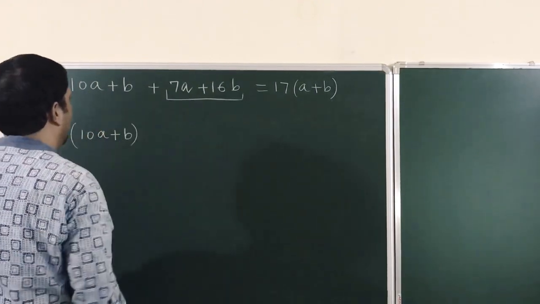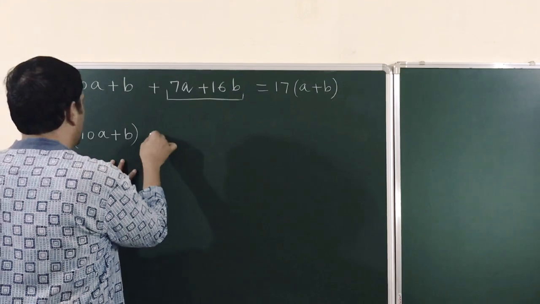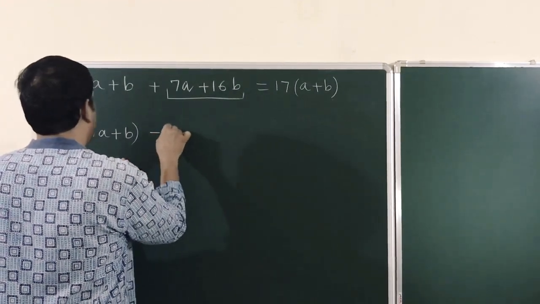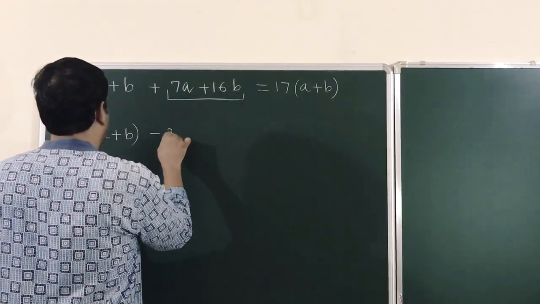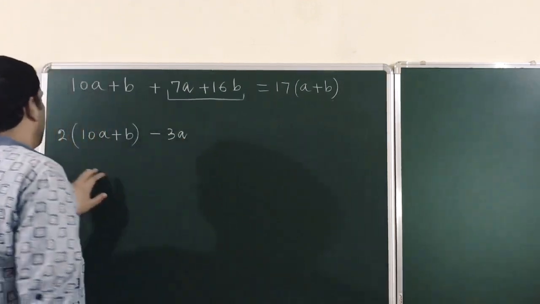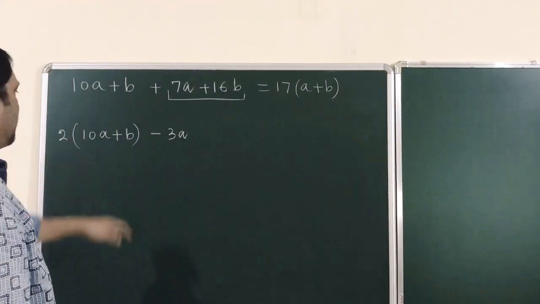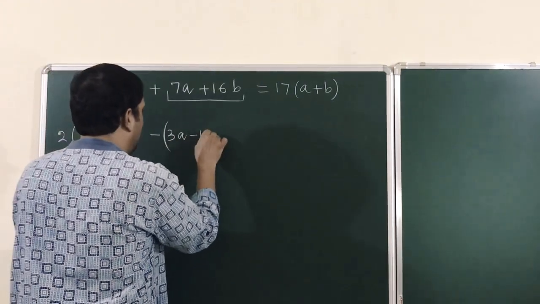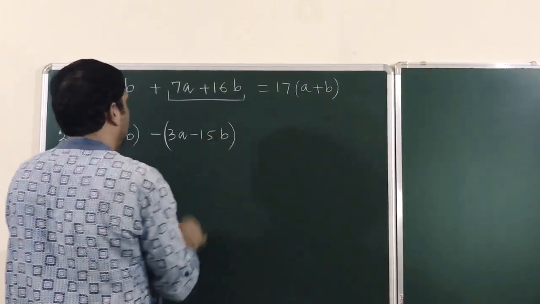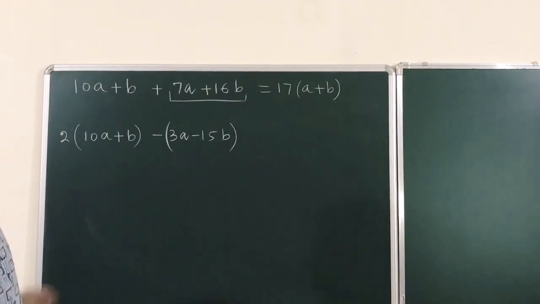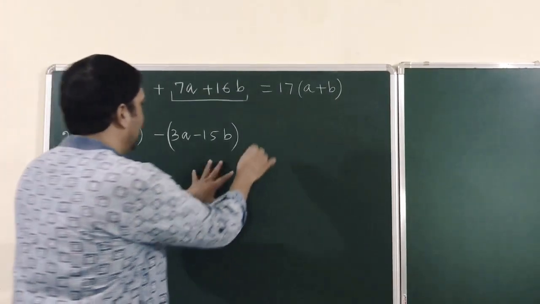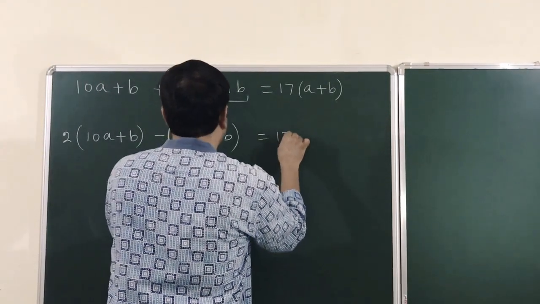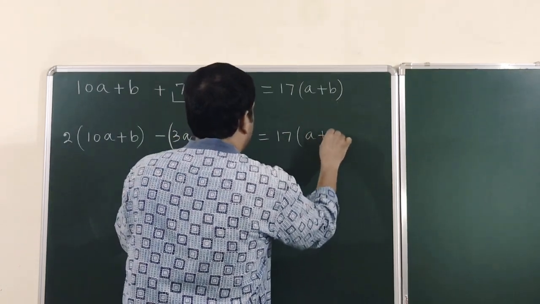And then in 10a plus 2b we will subtract 3a, and you have 2b over there and 2b over there, so in that, I subtract 3a and now minus 15b, so you see that the total 17 you'll get, and you get this is 17 times a plus b.